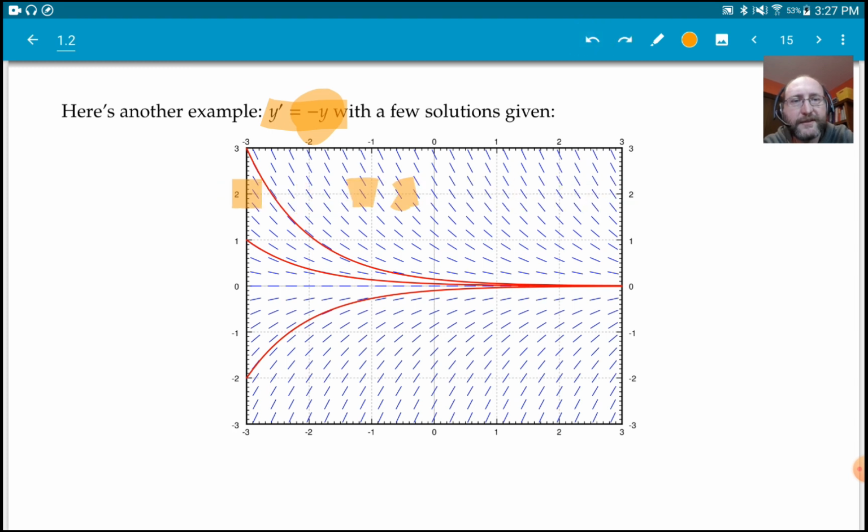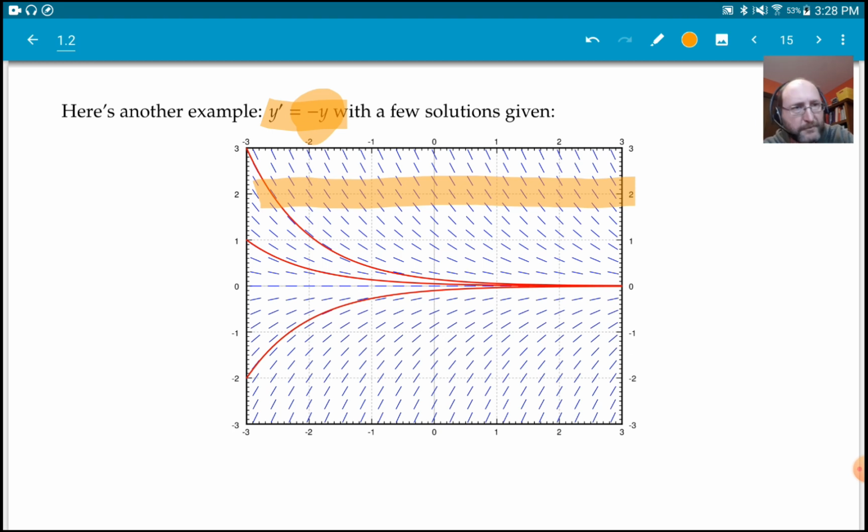And maybe let me just draw this as a line, right? Anywhere on this line, the slopes are all -2, right? They're the same. So we can see that immediately from the fact that this right-hand side does not depend on x. I really just need to look at how far from the x-axis I am, right? So we see that the further away I am from the x-axis, the steeper it is.